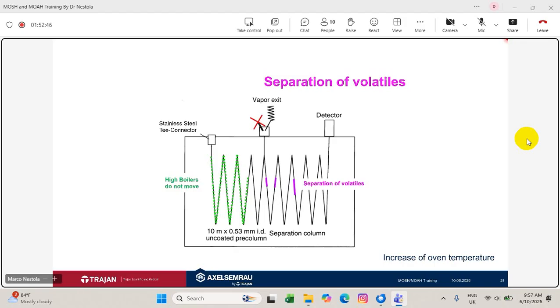Or let's say it is only C50 in our sample. How broad can the C50 band, the initial band, that's the correct term, be? How long is it allowed to be in the beginning of the column to have a nice chromatogram with C50 in it?